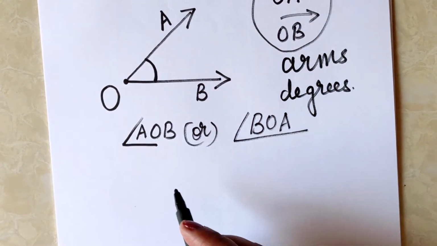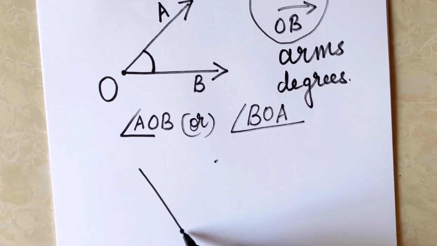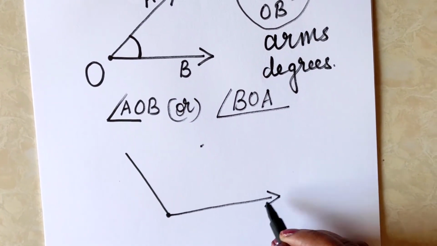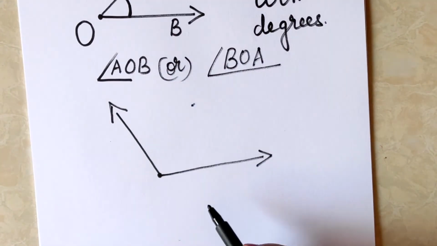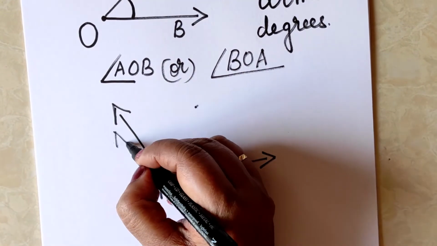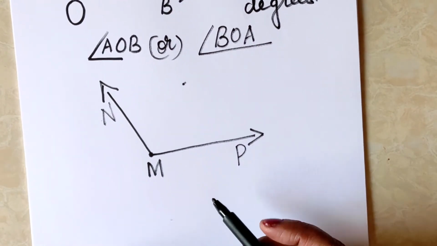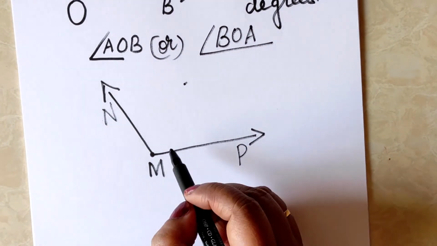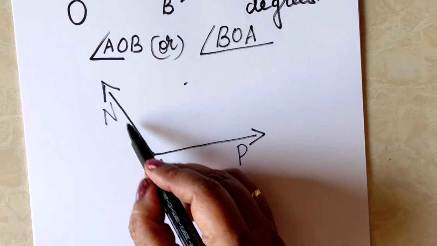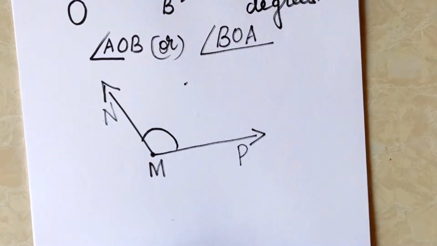How to read an angle? Suppose I am drawing another angle. This is the common endpoint, and I am taking two rays, marking here M, and this is N, and P, anything. Where is the angle formed? Between the two arms MN and MP.